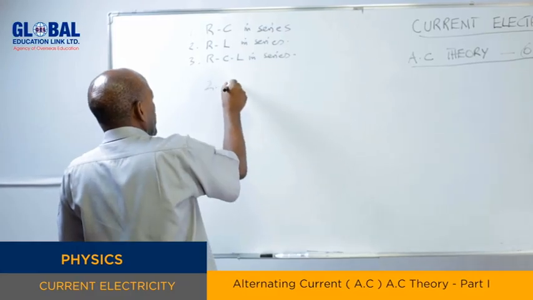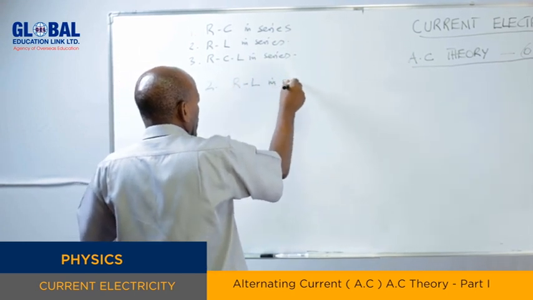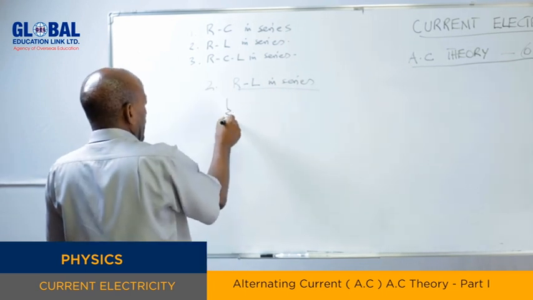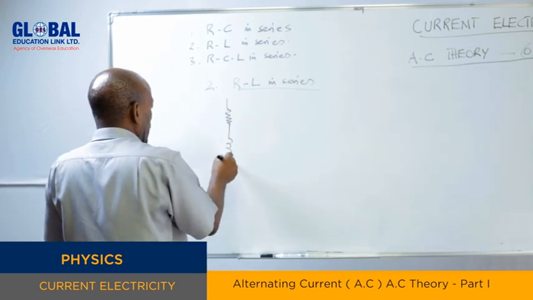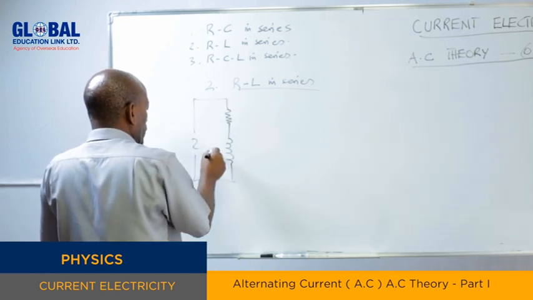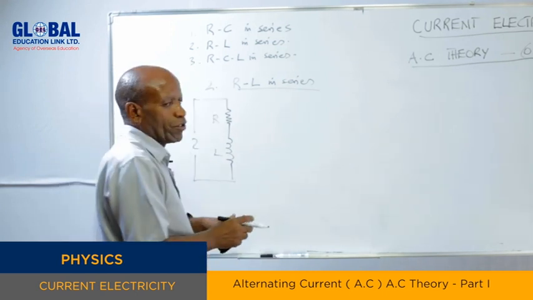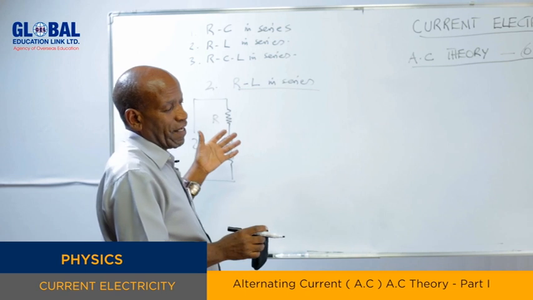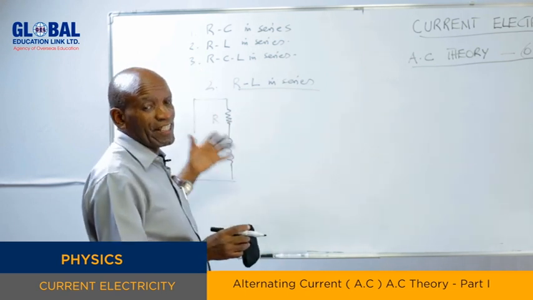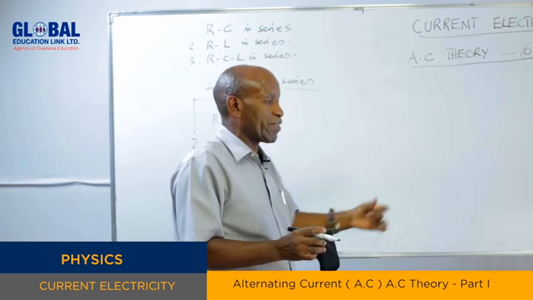Whenever we're talking about a resistor and an inductor in series, here we have a resistor and an inductor connected in series across an AC source. This is the inductor, this is a resistor. We all know that the current through a resistor and the voltage are in phase, but the voltage through an inductor leads the current by pi over 2, that is a quarter of a circle.